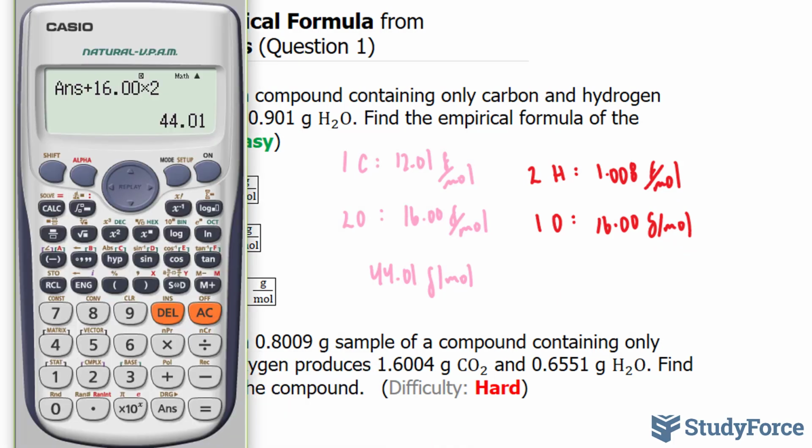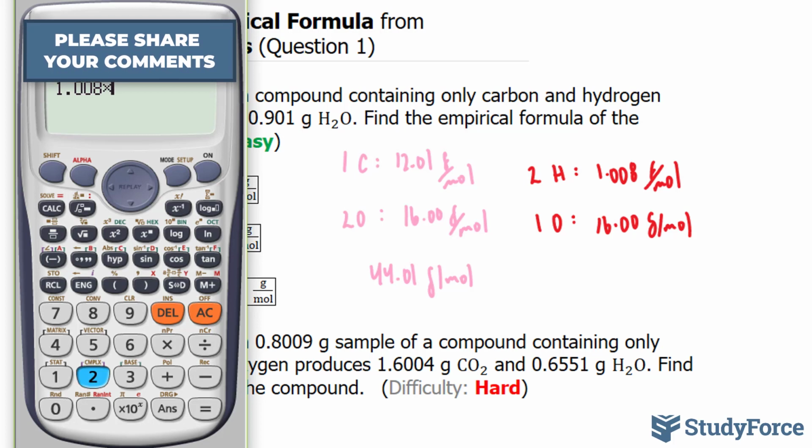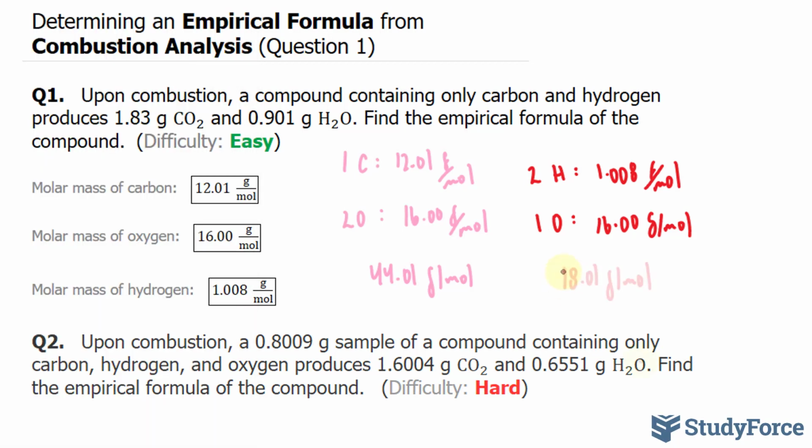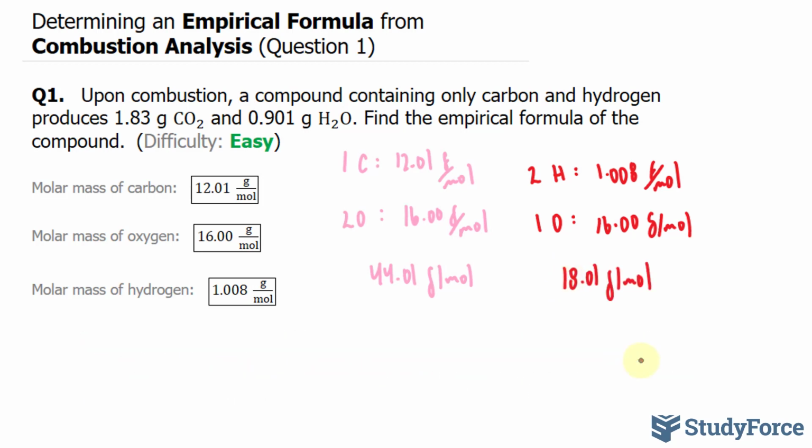Using my calculator once more, I have 1.008 times 2 plus 16. And since we only have one oxygen, I don't need to multiply this. We get 18.01.